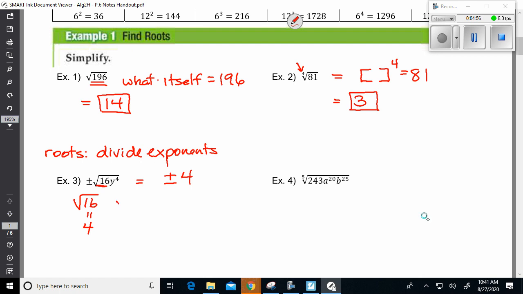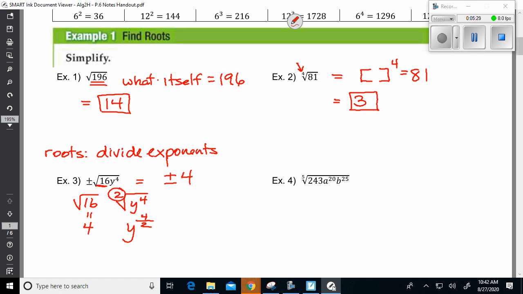Here's how we deal with the variables. Since it is a square root, there's an understood index of 2. So what you're going to do is take the exponent attached to the variable and divide it by the index, which is 2. Since it's a square root, it's an understood 2.